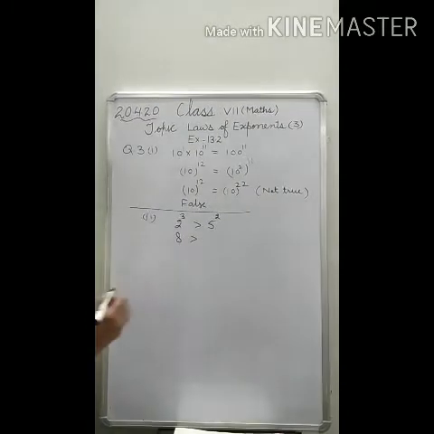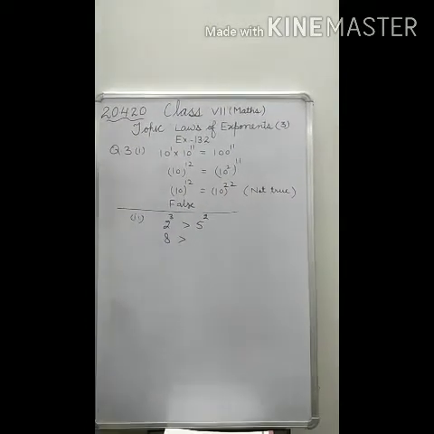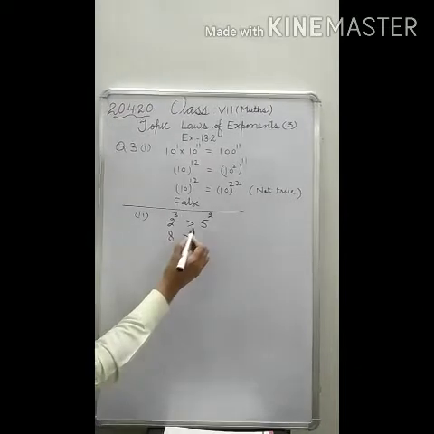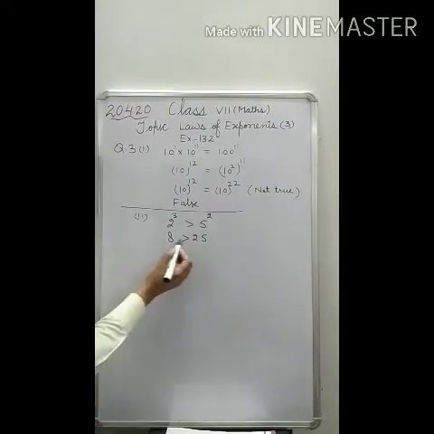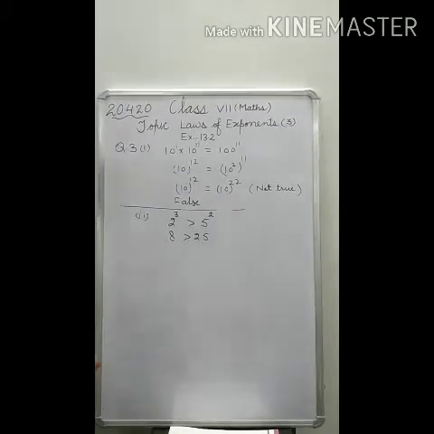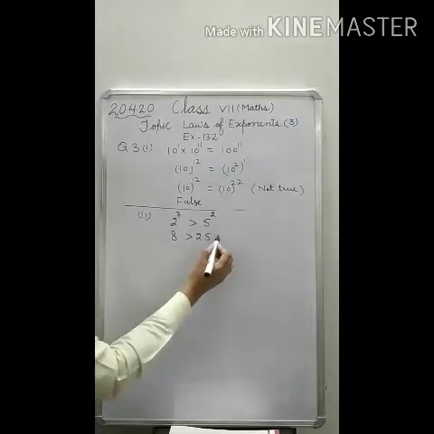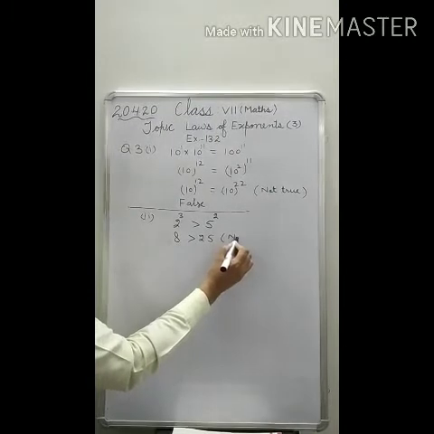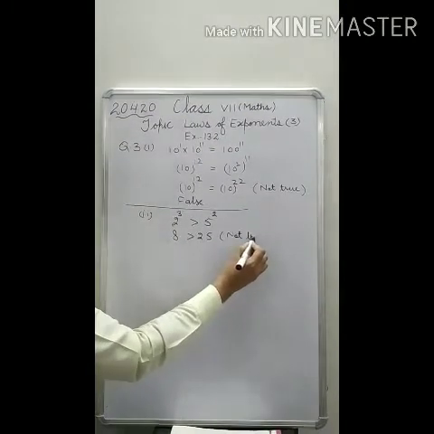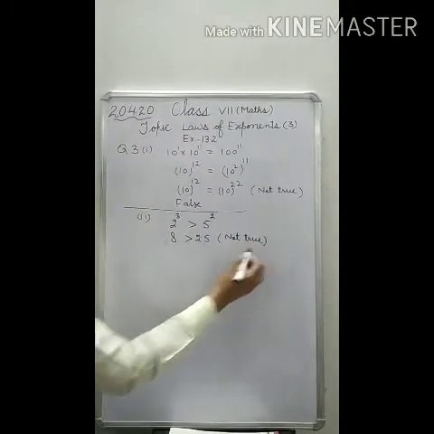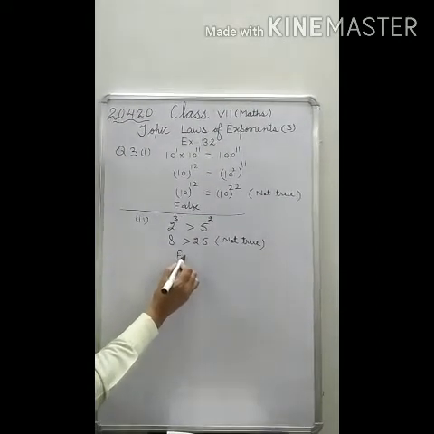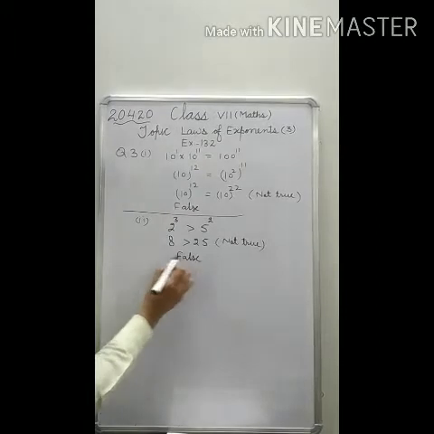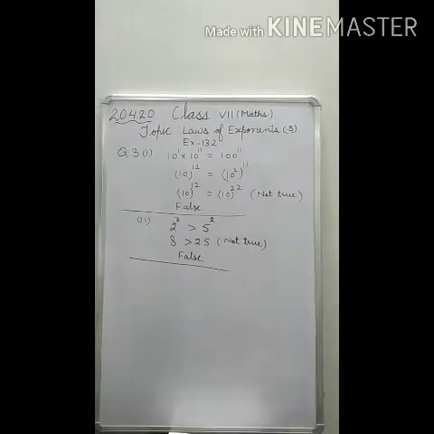Now put the same symbol here. 5 raised to the power 2 means 5 into 5 is 25. Is it true? 8 is greater than 25. No, it is not true. So if the given statement is not true, it means this condition is false. This is the second part.